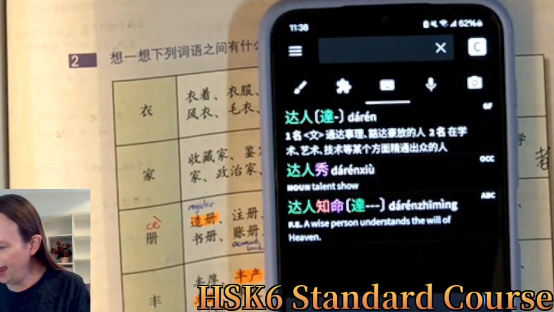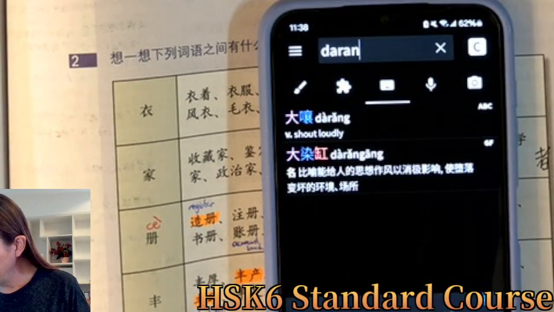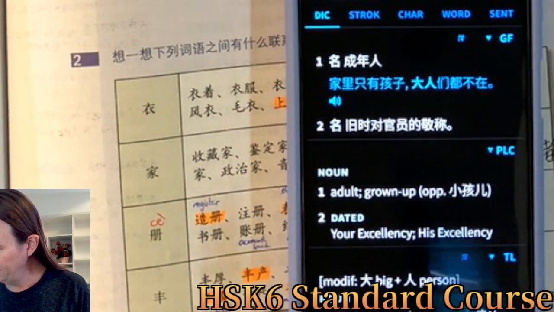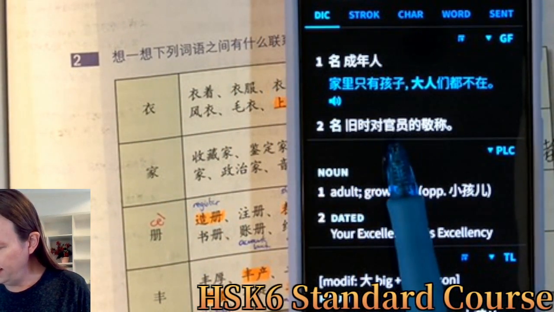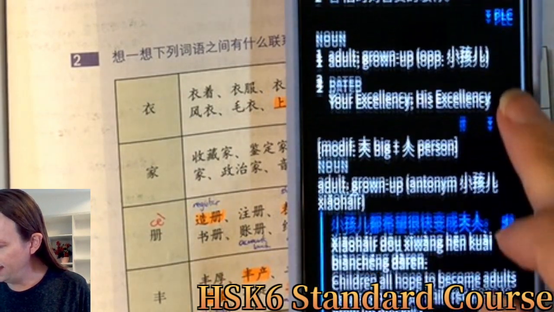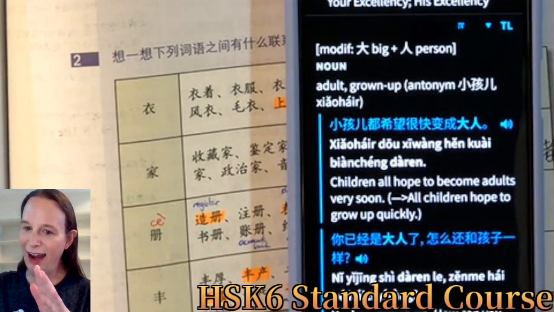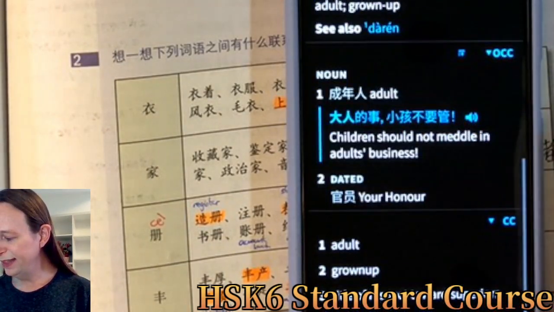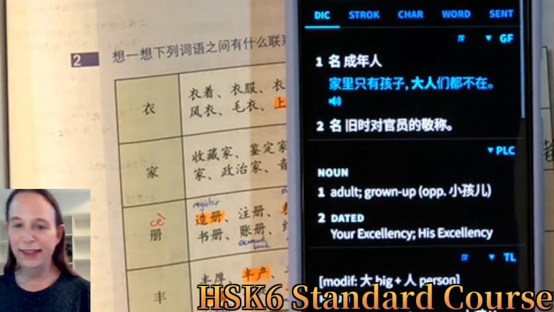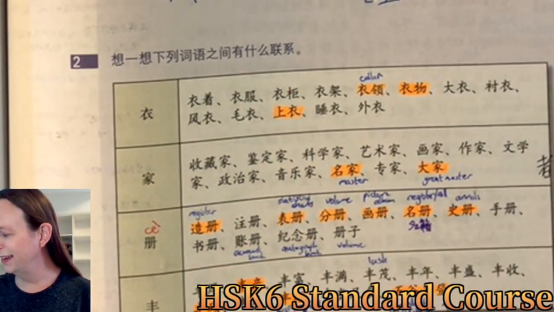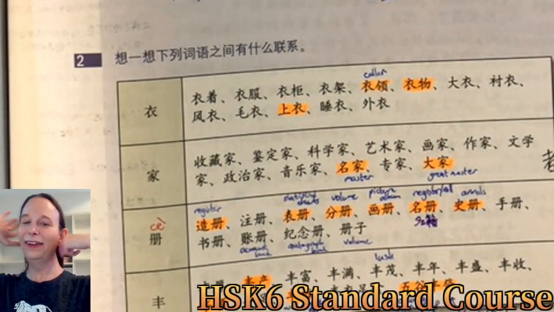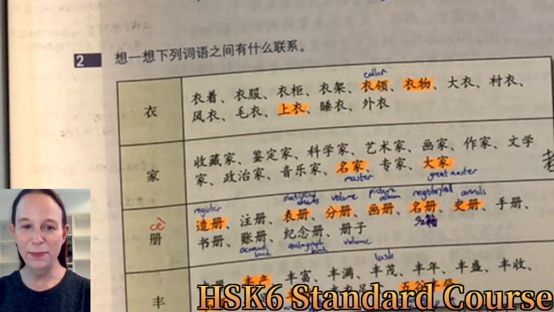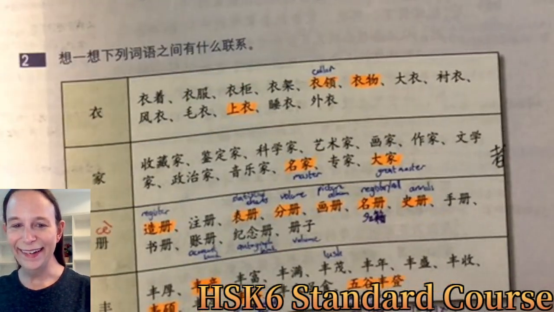I think there's also 大人 as well. 就是对官员的敬称. Okay. So you should say 达人 to mean expert, someone who is adept at something. This 大人 just means adult. That's often an early word you learn because you learn da and you learn ren. It's like, oh, well, what's a da ren? Big person. All right, what's next?